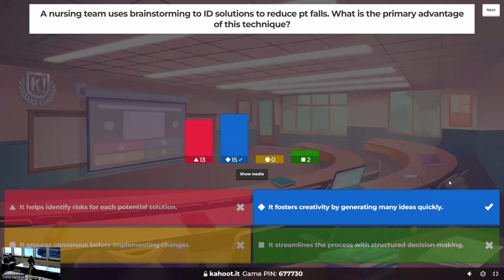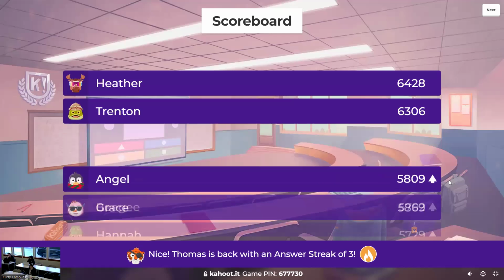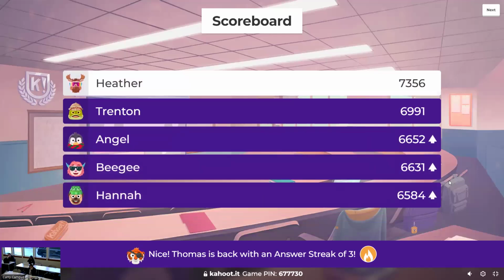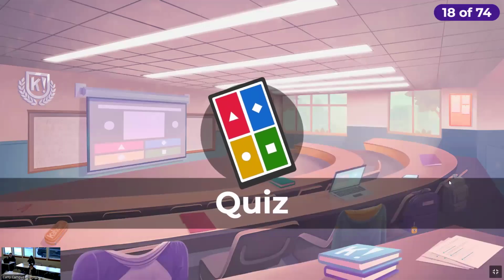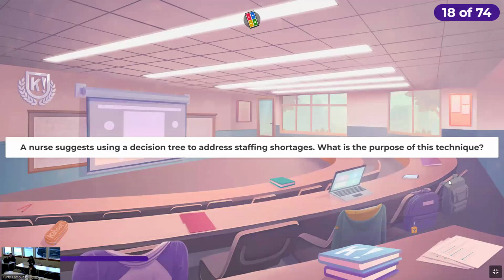Helps identify risk for each potential solution. Let's see. Fosters creativity by generating many ideas quickly. So that one is the right answer. And you'll notice in NCLEX questions, there's always a couple of right answers, but there's one that's usually more right.